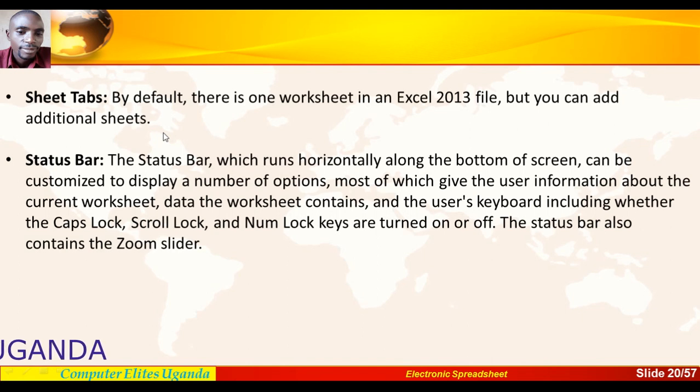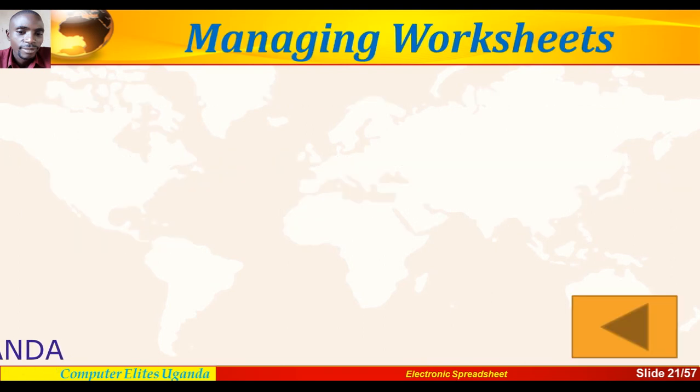The status bar always displays information about what you are dealing with, especially when you're entering information, where it changes to the enter mode. When you press caps lock, it displays that you have turned on caps lock, among others. That is what the status bar will display.